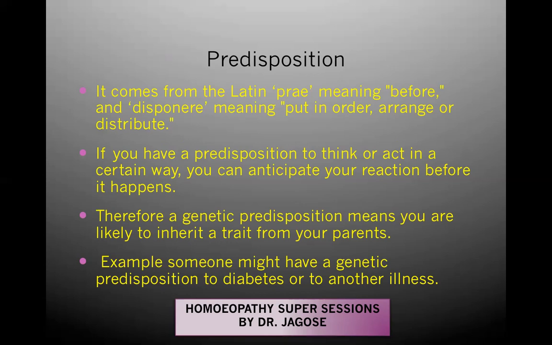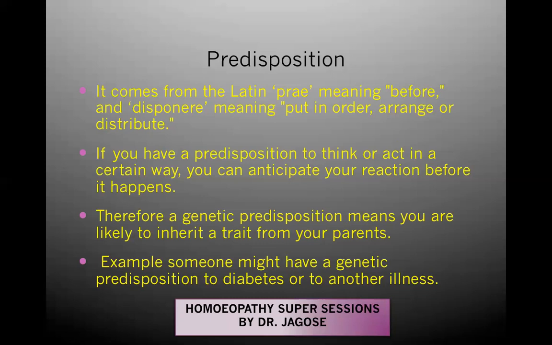So in predisposition, basically, we are trying to find out all the inherited diseases of an individual. By knowing the predisposition, we can identify the fundamental mechanism of the patient. That is the root cause of the disease from which the patient may be suffering.